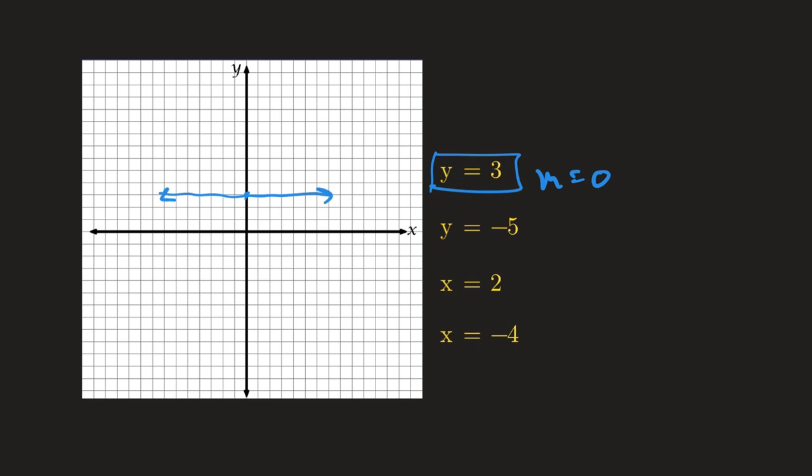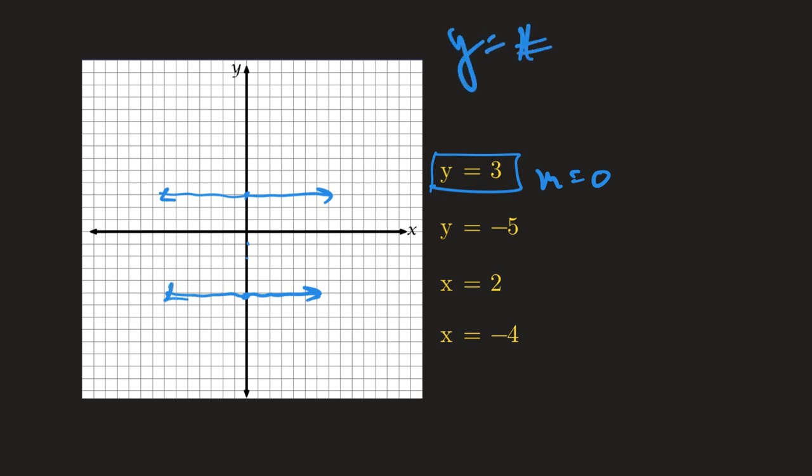Y equals 3, horizontal line. Y equals negative 5. 0 slope, that's going to be a horizontal line through what number? Negative 5. 1, 2, 3, 4, 5. That is a horizontal line through negative 5.